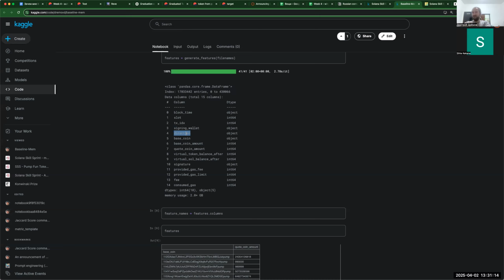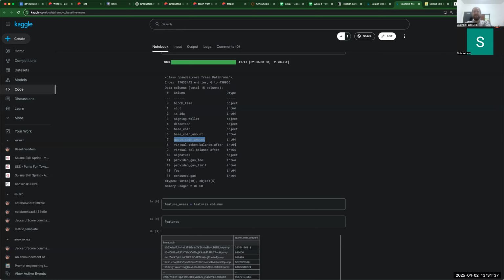Direction is buy or sell. The base coin is the coin that is traded, and base coin amount is the amount of this coin. Quote coin amount is basically how much Solana is paid for this, or how much Solana the person gets from this trading.